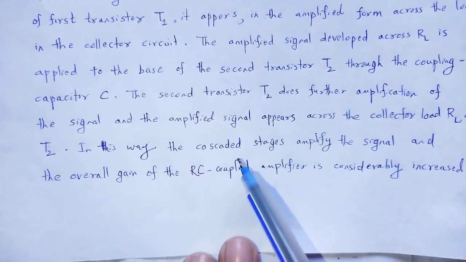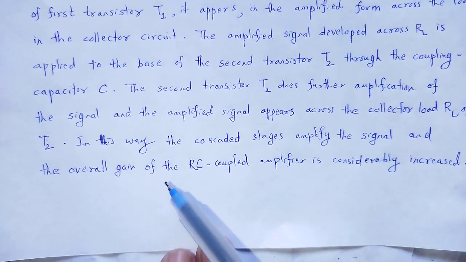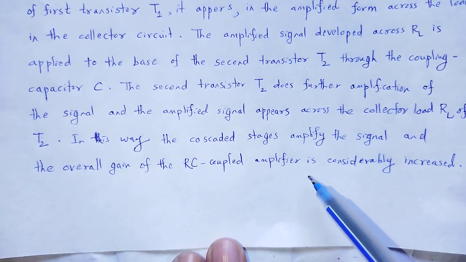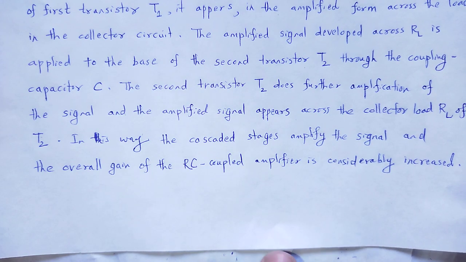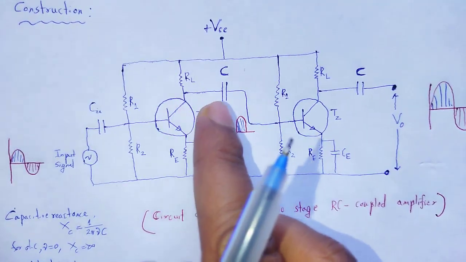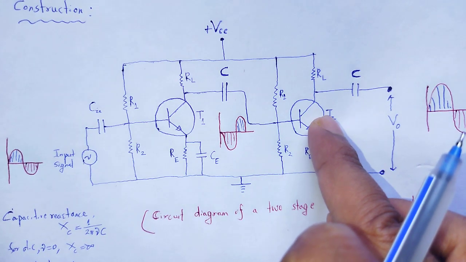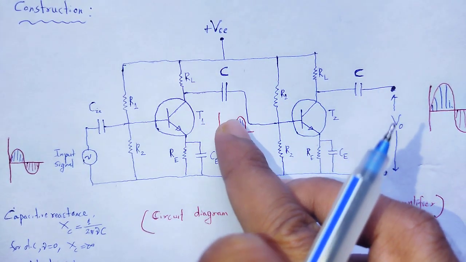In this way, the cascaded stages amplify the signal and the overall gain of the RC coupled amplifier is considerably increased. Cascaded stages means the output of one is the input of another by using a coupling device.